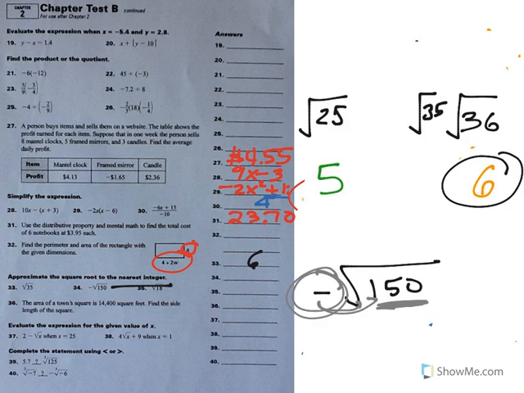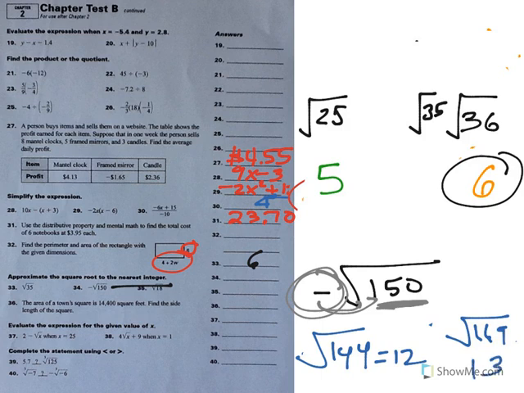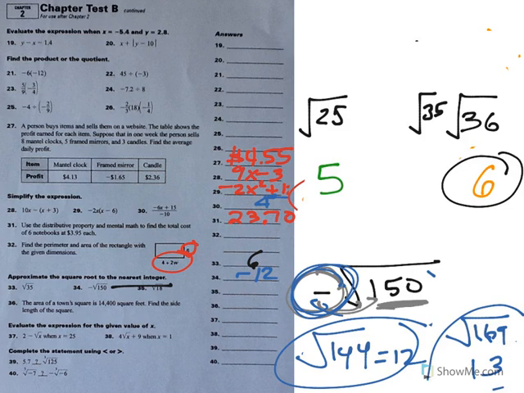But first we need the square roots that are closest to 150, like 144, which is valued at 12, and 169, which is valued at 13. 150 is closer to 144, so it's probably going to be 12. But be careful, attach negative, negative 12. It's weighing on the outside, so about negative 12, because 144 is closer to 150, as opposed to this over here.